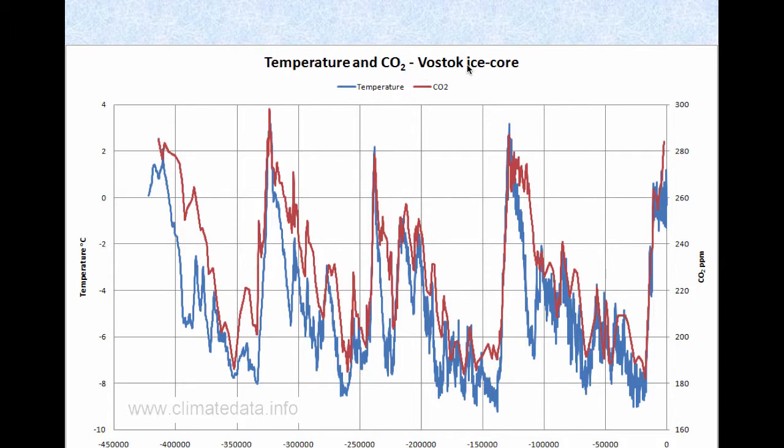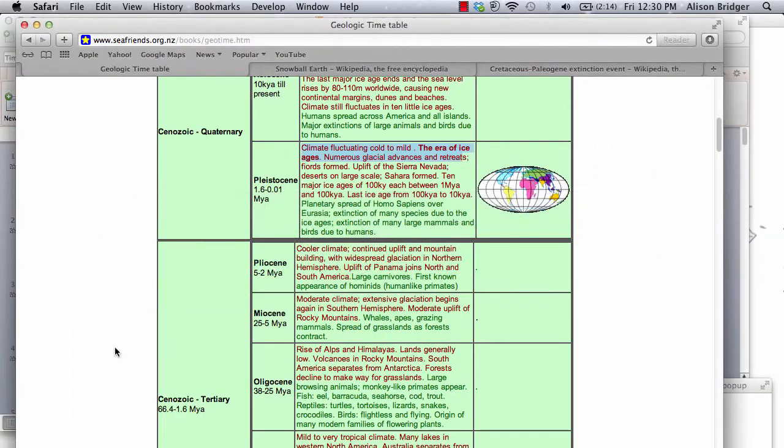So this is an ice core record taken from an ice core at Vostok in the Antarctic. On the bottom right is the current time, and the bottom left is 45,000 years ago. Okay, so we're not talking about billions of years ago anymore.